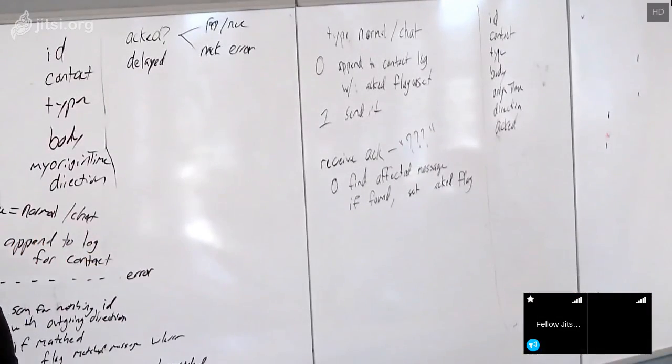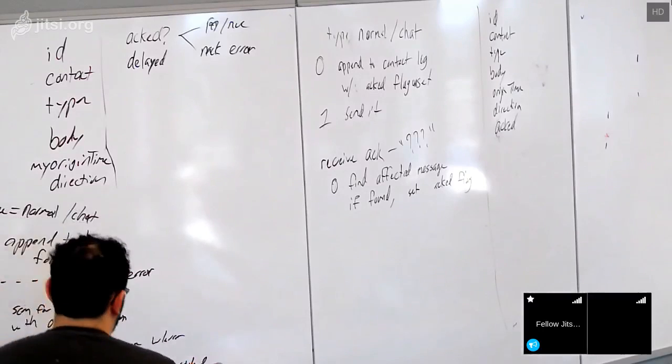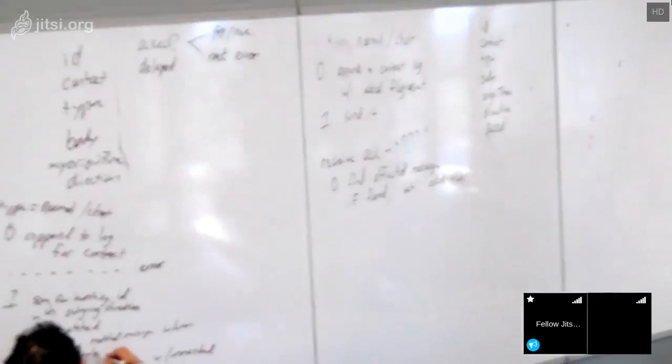If we got an error back and we found a message, that would also be an ACK. So if you're sending a message and you get an error for it, by default the server received it, maybe. Yes, the server did receive it.